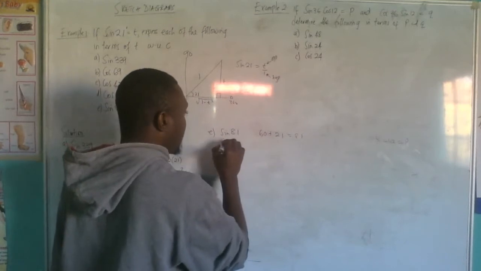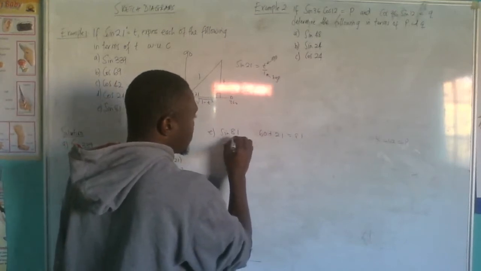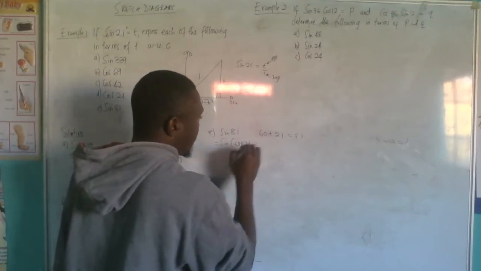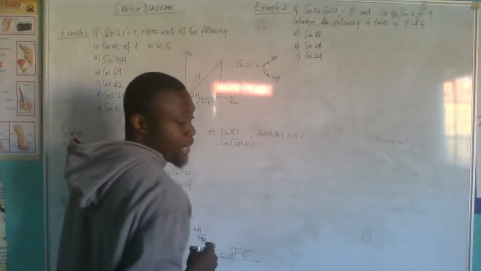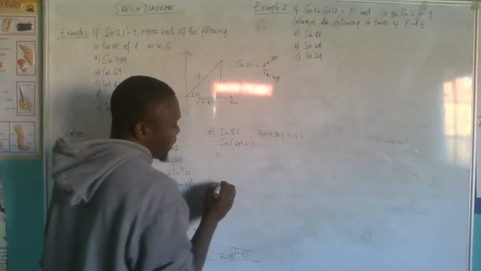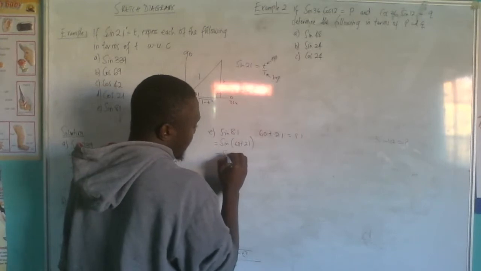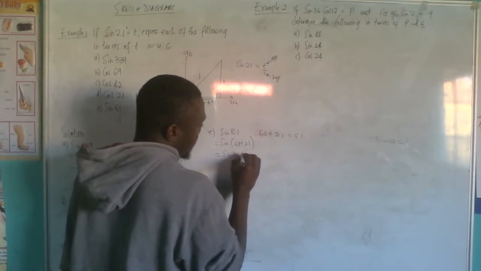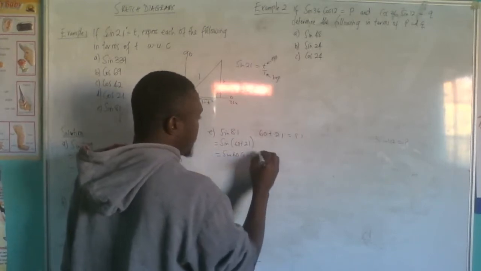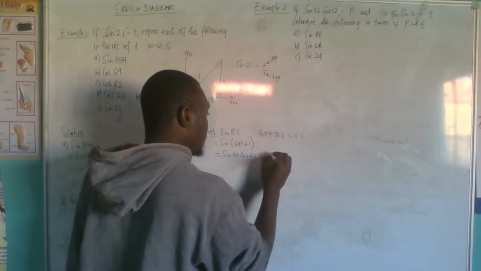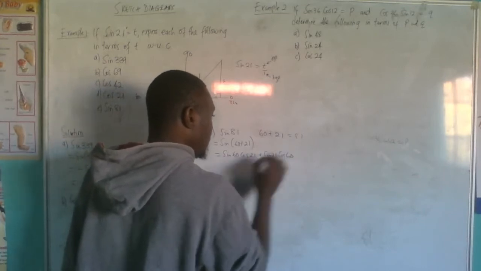I'll substitute 60 plus 21, and then apply my compound angles, which is sine 60 cos 21 plus sine 21 cos 60.